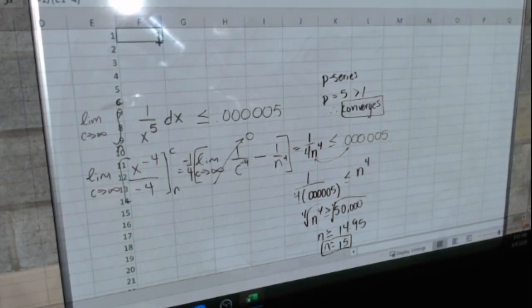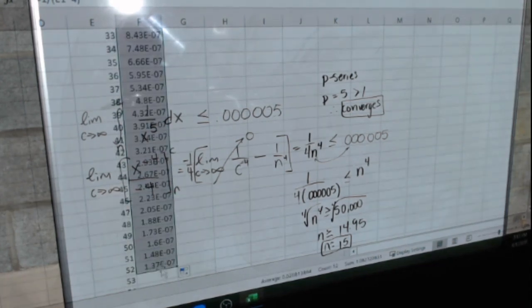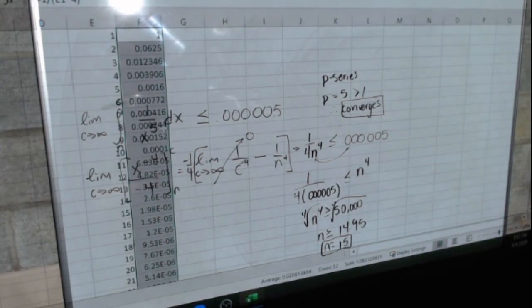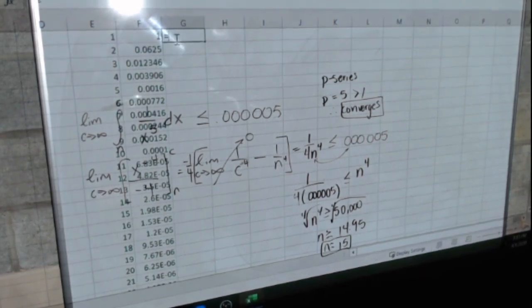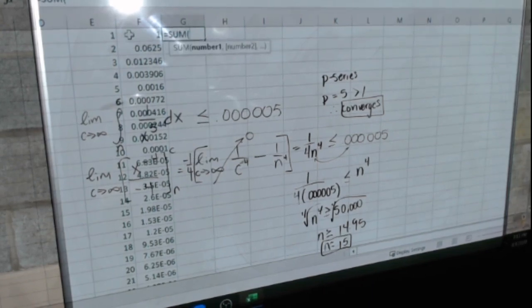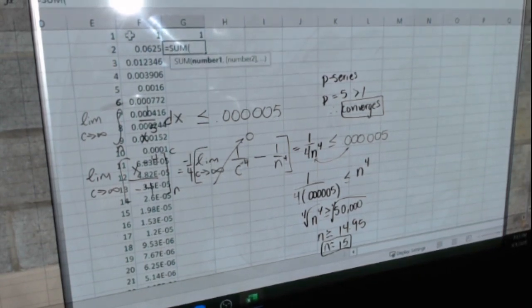Okay, so now let me drag that. So notice we've got a bunch of values now. And then I want to start calculating the running sum. So this equals sum. And it would just be 1 term at that point, and the first 2.